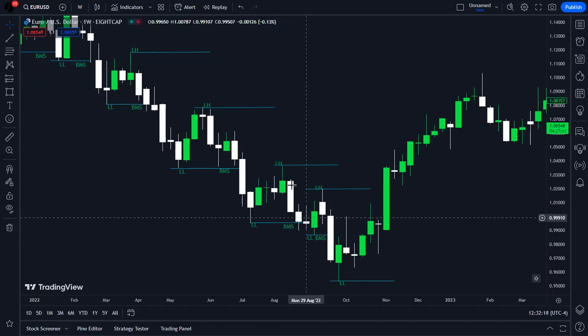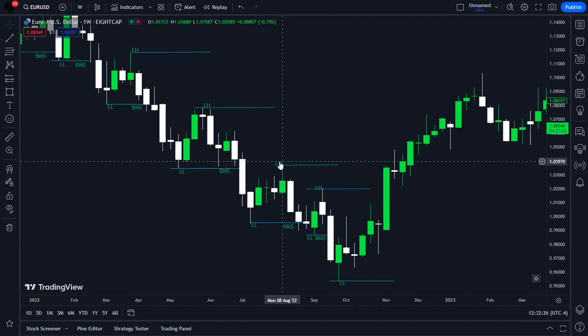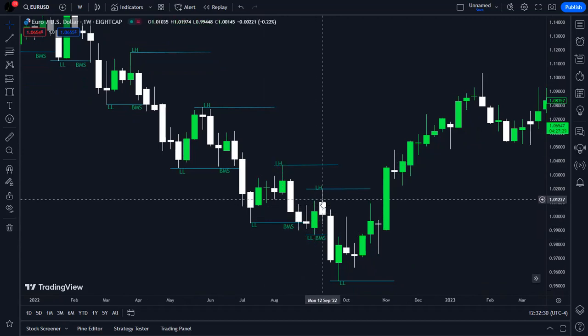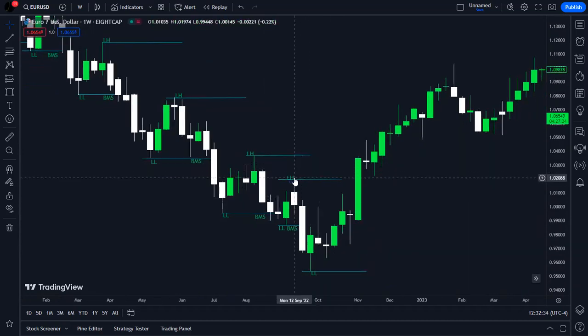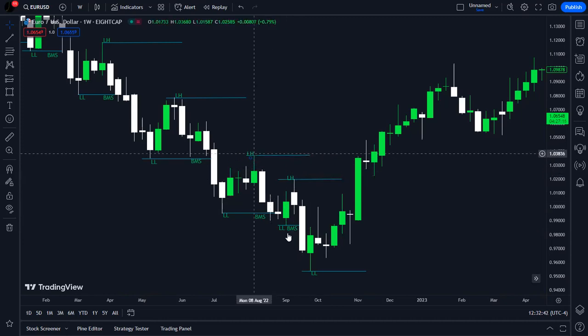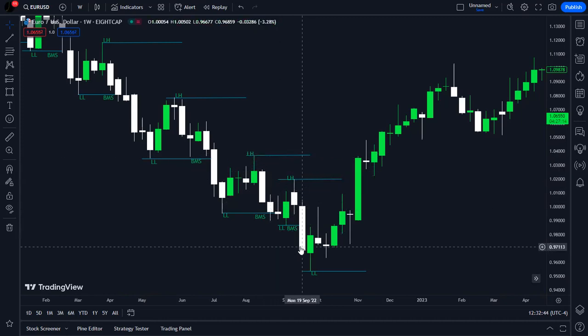That's BMS. With the BMS, we have a new lower low. We expect a retracement within this dealing range, lower high, lower low. Get that retracement, lower high, drops, break the previous lower low or break this current dealing range. Right there, we have a breaking structure.